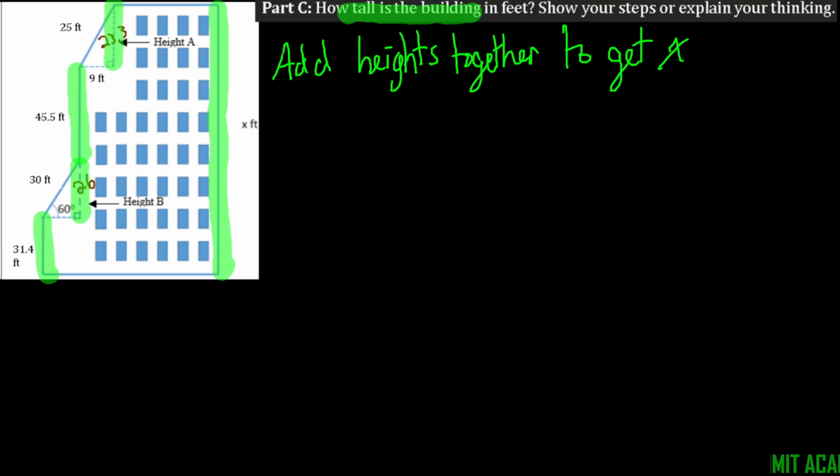Okay, so now we can add those heights together. So I'm going to say I have 23.3 plus 45.5 plus 26 plus 31.4. And you have to be very careful. You're probably asking, well, what about this 9 and what about this side here? I don't have to worry about those because those are the bottom lengths.